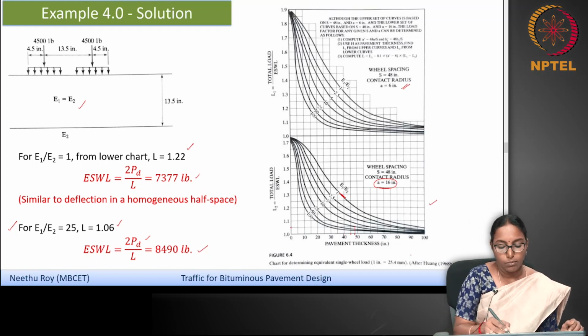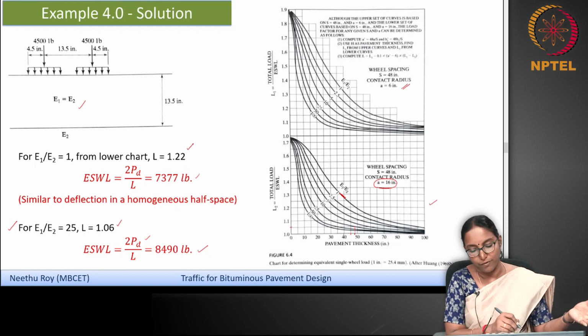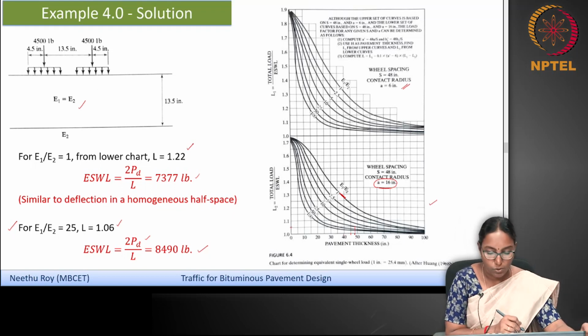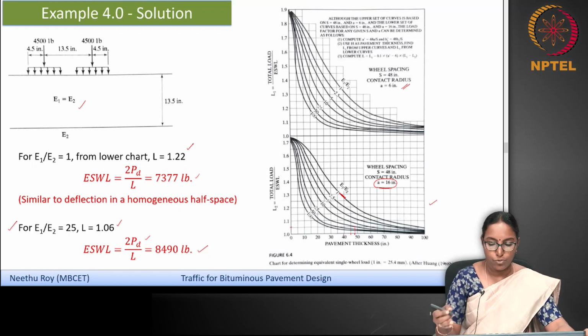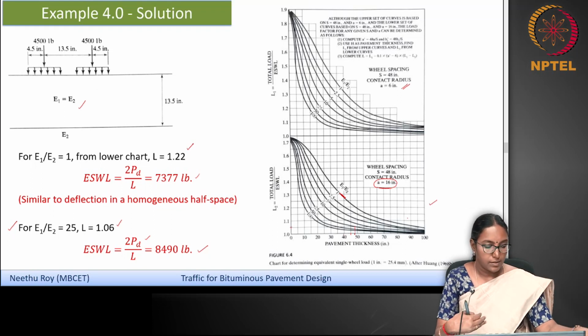So this is similar to the deflection of the homogeneous half space that you have already determined, which was close to 7,400. Okay, so whether you use this chart or the homogeneous half space deflection criteria, you will get a similar answer. So the idea here is to consider the layered system with different E values for the pavement and the subgrade.